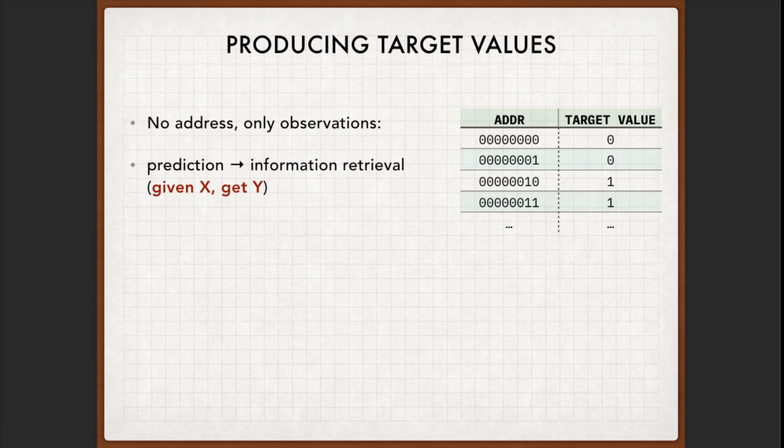The question is, we are given some x, the observable attributes of the data, and our goal is to somehow find the target value for the particular observed information.